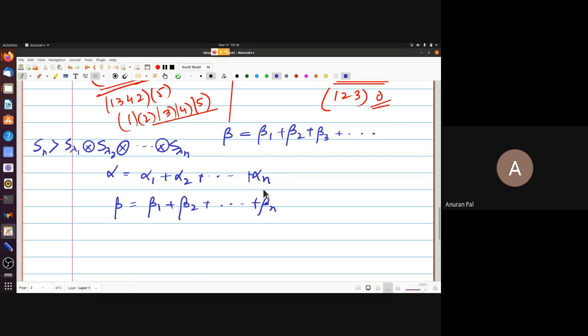Sir, could I just suggest something? In the previous lectures you used Ks instead of alphas and betas. No, I did not use Ks instead of alphas and betas. I think you are mixing up the case where C's were the classes of G and K's were the classes of H. The alphas and betas are not the classes.